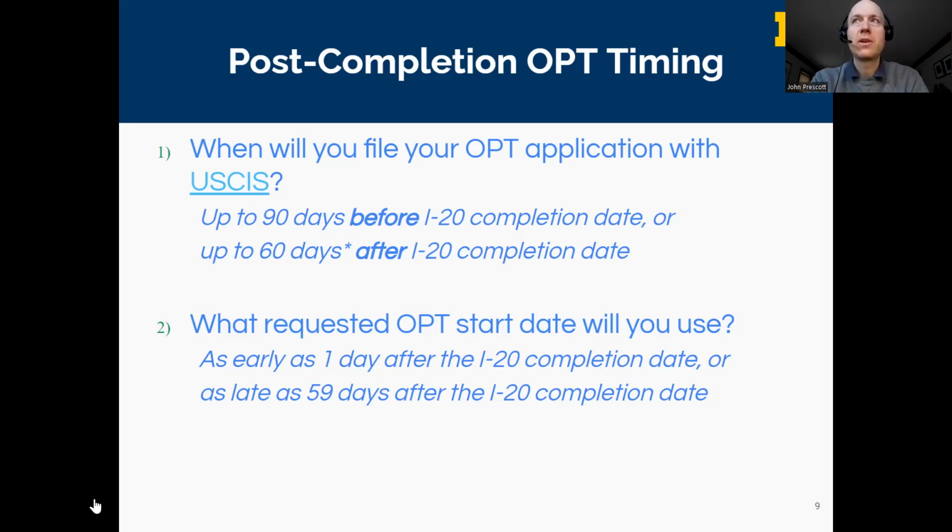Now, when referencing your I-20 completion, keep in mind that the end date of your I-20 is designed to reflect when you complete your final requirements and final enrollment in your degree program.